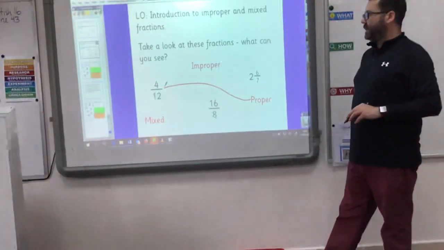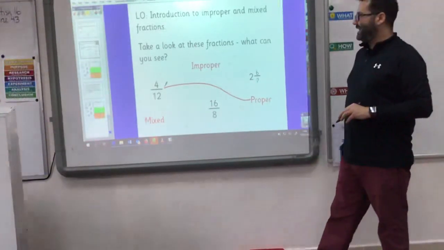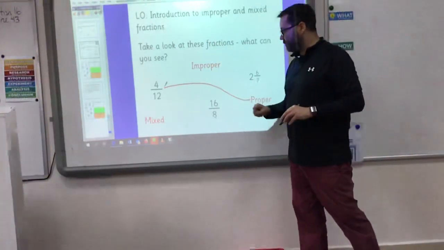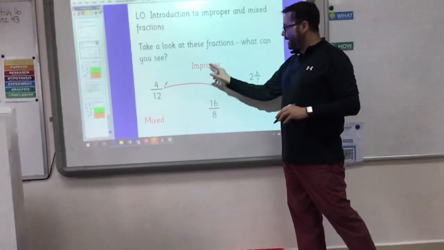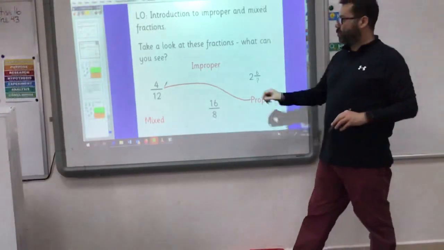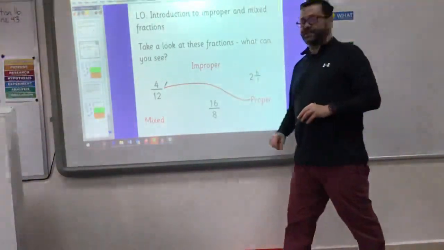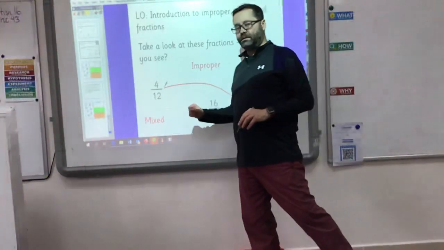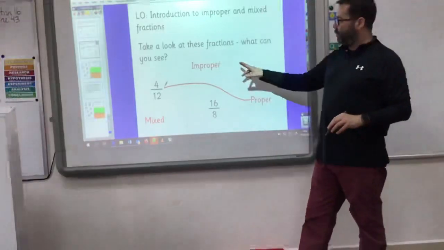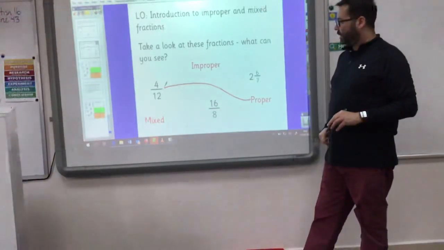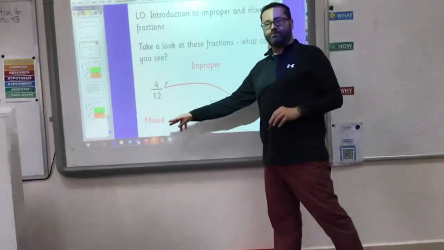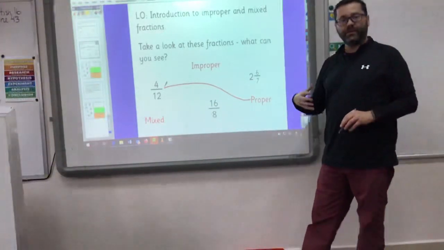Now, I have to decide which one of these makes the most sense. Which one is an improper fraction and which one is a mixed fraction? Well, I certainly know the word mixed much more than I know the word improper. So I can see that if this is mixed, it must mean that there is more than one part of my fraction.